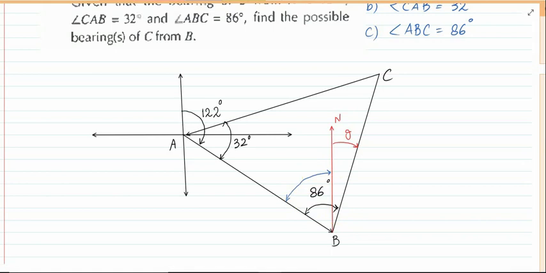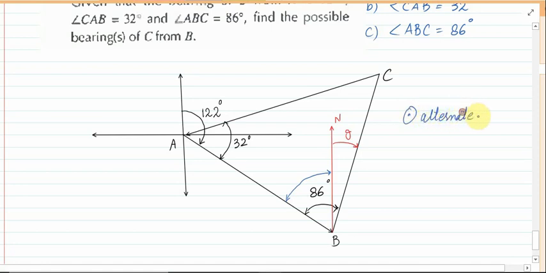Now the question is how I am going to find this angle. Maybe you can guess the answer: it lies in alternate angles. Alternate angles will help you find this angle.